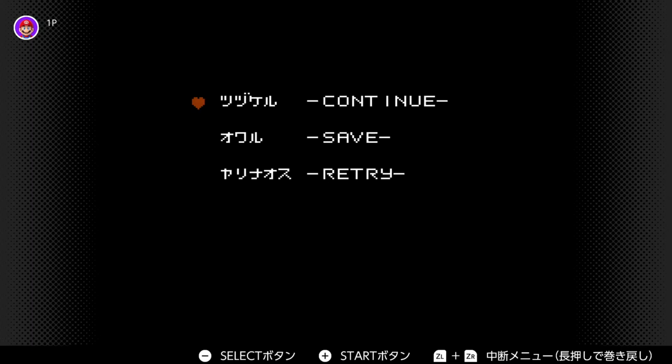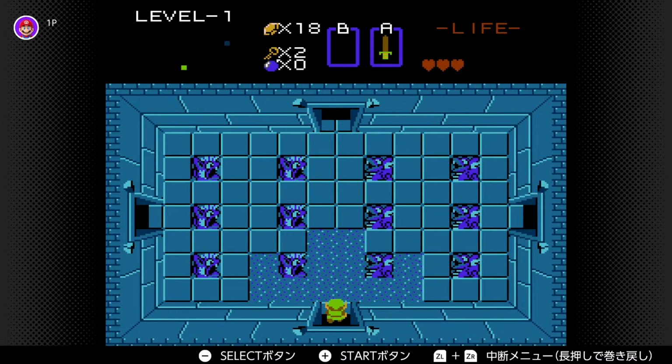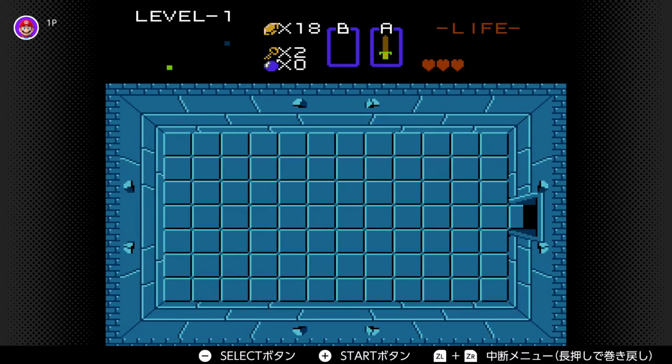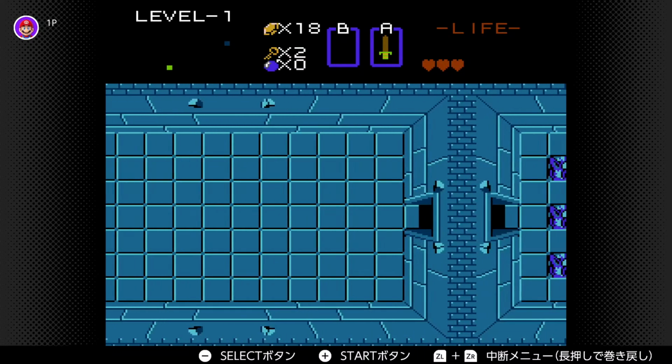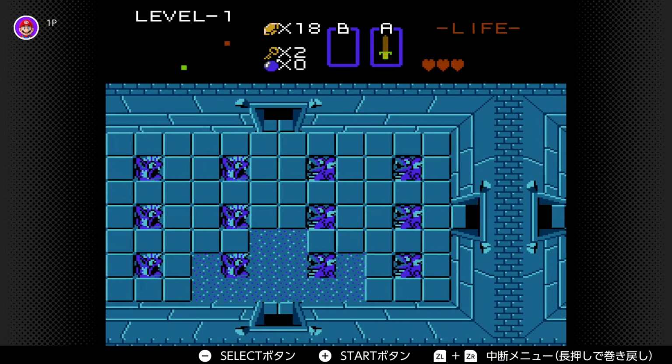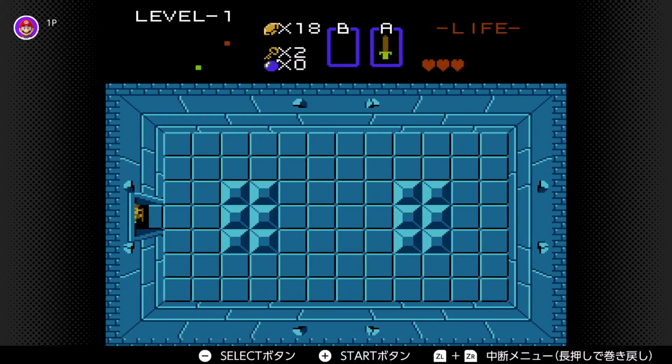Okay, I think we have to choose Suzukeru in this case. Yes. And so we get back here at the start of the dungeon. Okay, here there was nothing. Here nothing as well, at least now. We got the key, we already got the key.